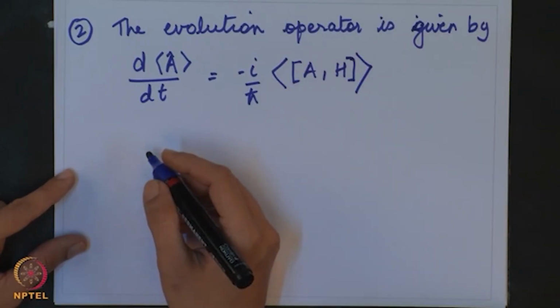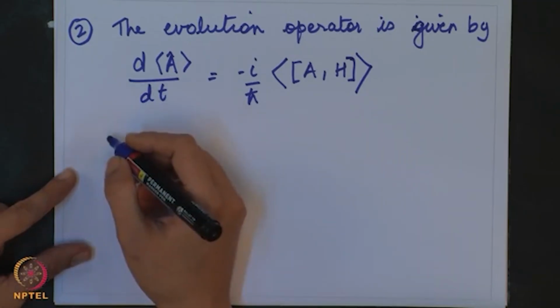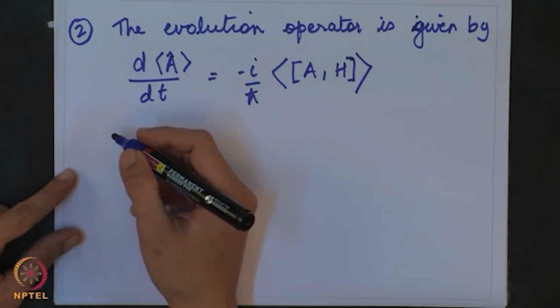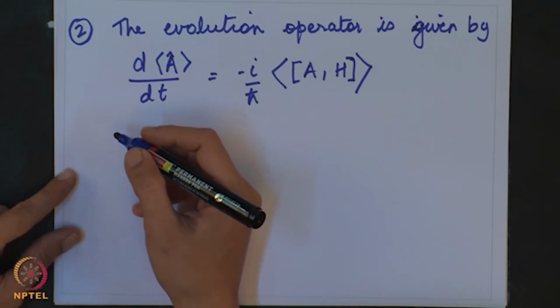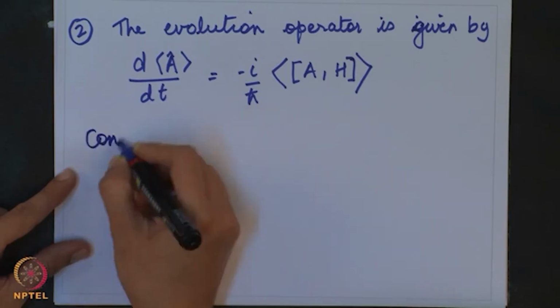And now we are given a Hamiltonian, different from the regular harmonic oscillator Hamiltonian or particle in a box Hamiltonian. So, a particular Hamiltonian is given to you.